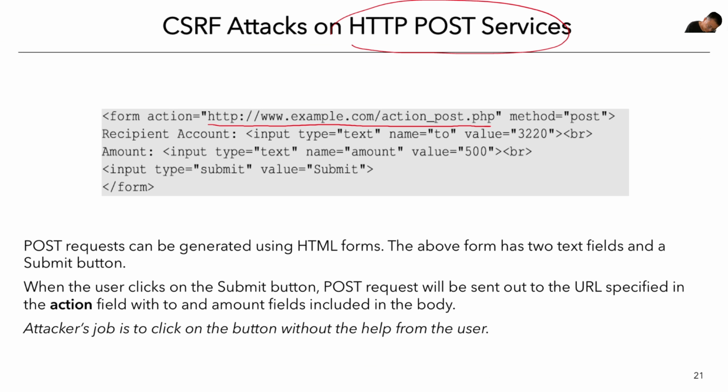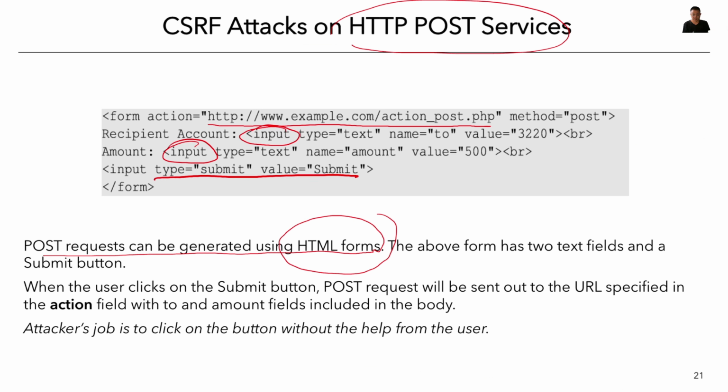So the POST request can be generated using HTML forms. Okay, so here the above form has 2 text fields. A text field is marked by input. Okay, so we have 2 fields here. One is the receiving account. The second is amount, right? Then we have input. The type will be submit.